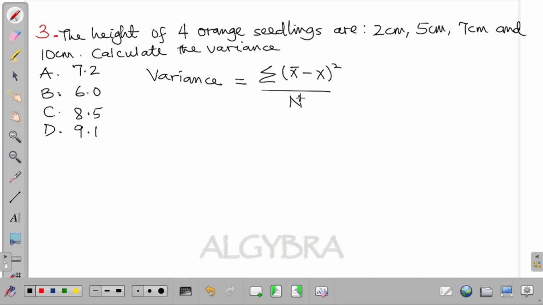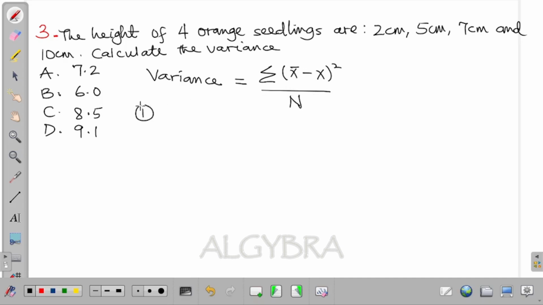That is the formula to get the variance of a distribution. What you're going to do first is get the mean of this sample. After getting the mean, we get the difference of these values from the mean, and then we square them. After squaring them, we divide by the number of samples and get our actual answer. So let's go into solving this.